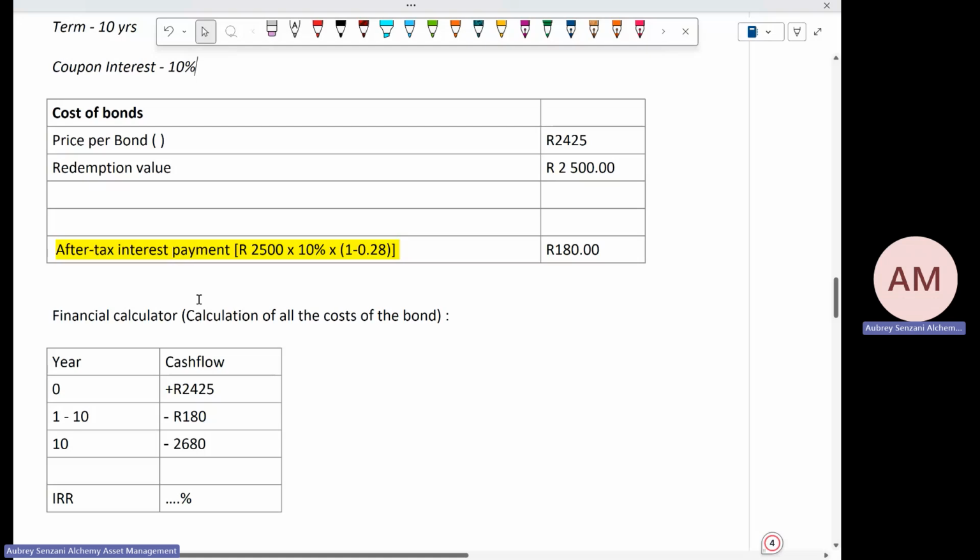Can you see with the convertible bonds? That's exactly where I'm going. Can you see yesterday, we were doing year 1 to 9 because our bondholders were converting their bonds into shares.